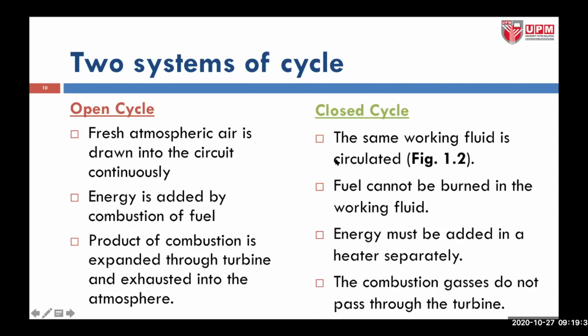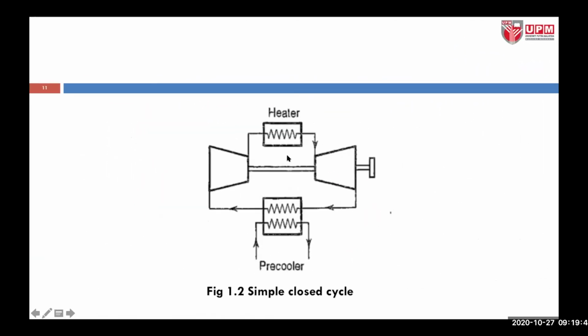So you may be able to now compare the performance of the two systems. Let us look at this simple closed cycle system. Just now, in figure 1.1, we looked at the open cycle, right? And this schematic diagram shows the simple closed cycle, where we have the air coming from the pre-cooler.